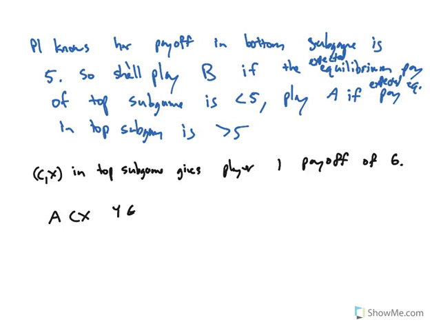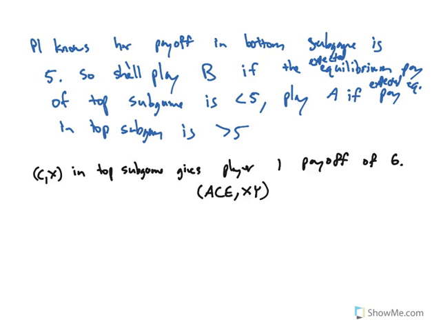And so our strategy is A, C, E, X, Y. That is subgame perfect. Okay? It implements an equilibrium at every subgame. It's implementing the CX equilibrium in the top subgame.